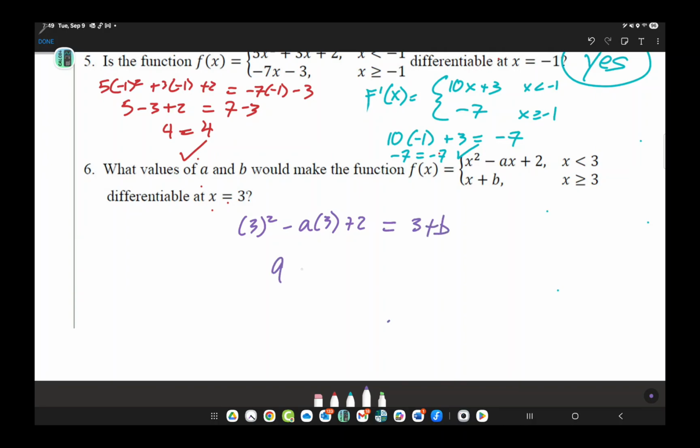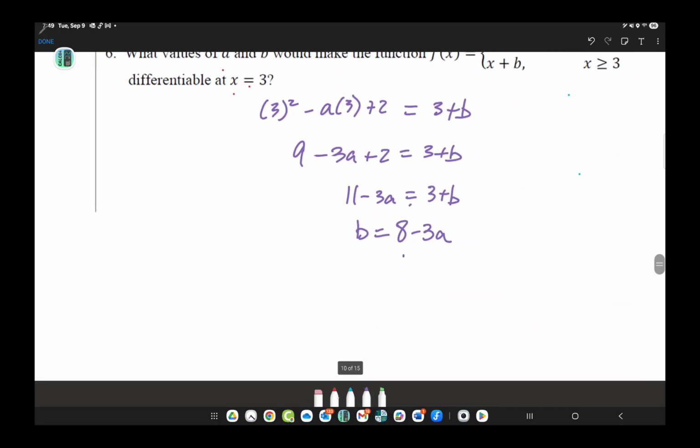So that means 9 minus 3a plus 2 equals 3 plus b. So 11 minus 3a equals, oh wait, I forgot the 3 plus b. So b is equal to 8 minus 3a. That has to be true to be continuous.